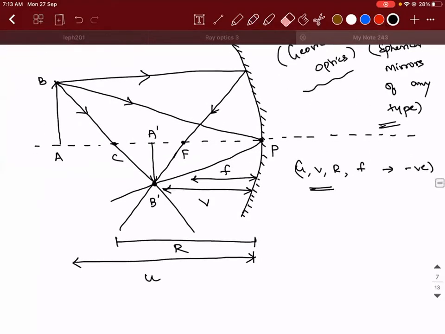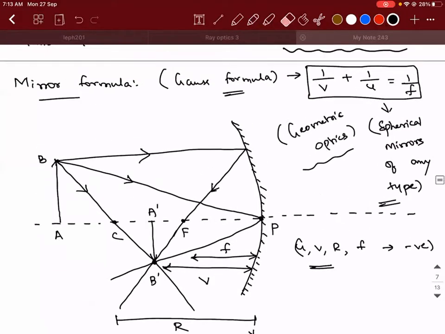So I have a doubt, sir. Please tell me, in the formula, should we add a negative when you're substituting the values? You're saying 1 by minus V plus 1 by minus U equal to 1 by F? No, it will not be like that. I told you, you will understand the importance of sign convention. I'll tell you a story.